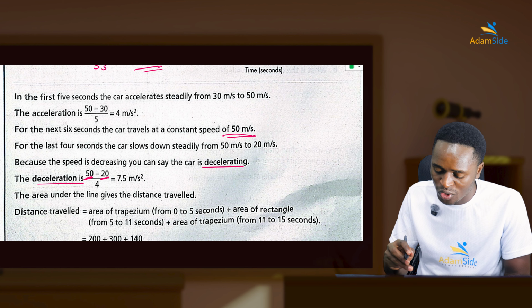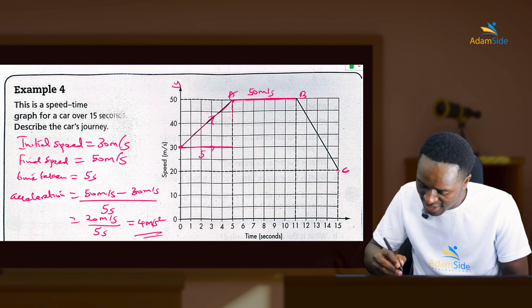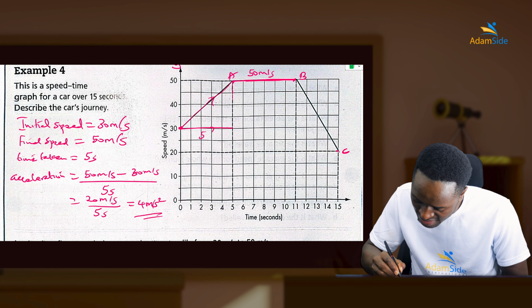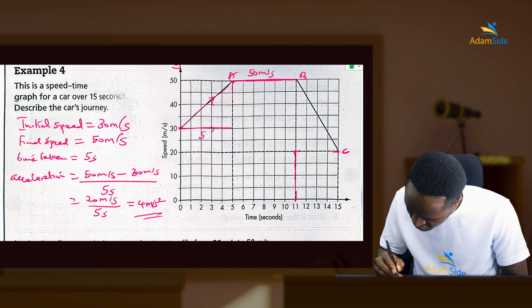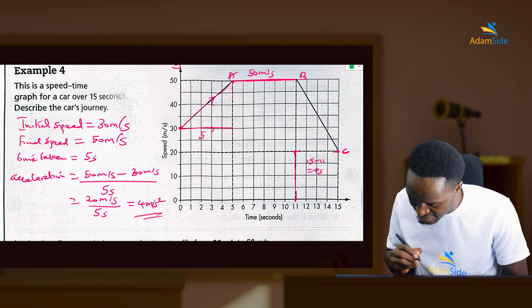Let's go back to the graph so that you understand. Here it was at 50 meters per second, at 11 seconds, and then it went up to point C, where it's 15. So 15 minus 11, we get 4 seconds time taken.